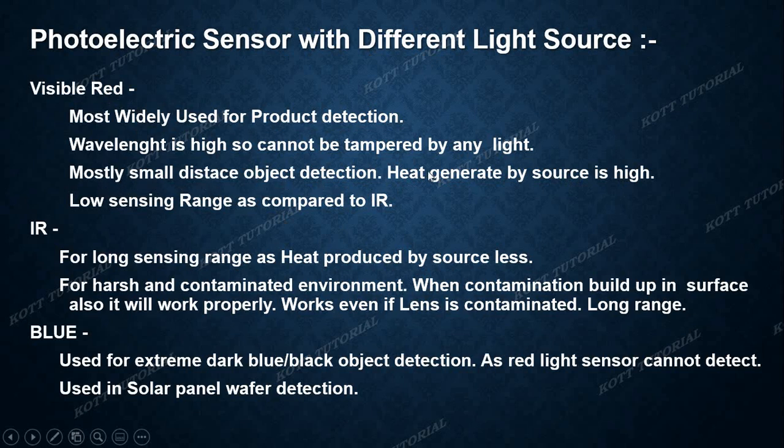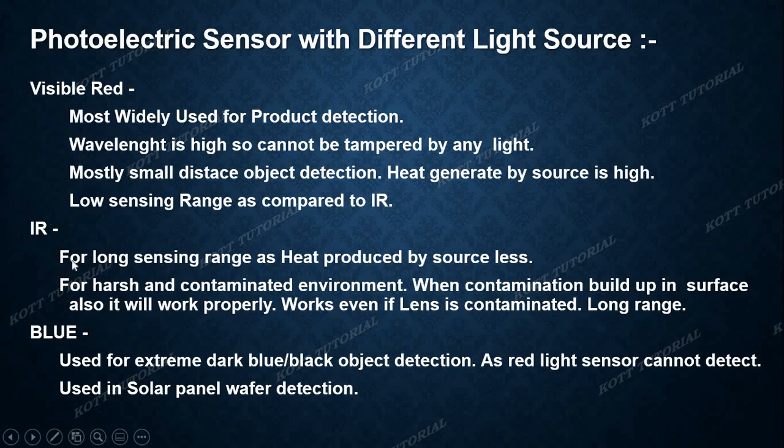Mostly for small distance object detection, if we have a very short distance, say 70 mm, 60 mm, 100 mm, we can use our visible red light, but their sensing range is low as compared to infrared light. So in an infrared light photoelectric sensor, the heat generated is less and the sensing range is also very high as compared to visible red light.